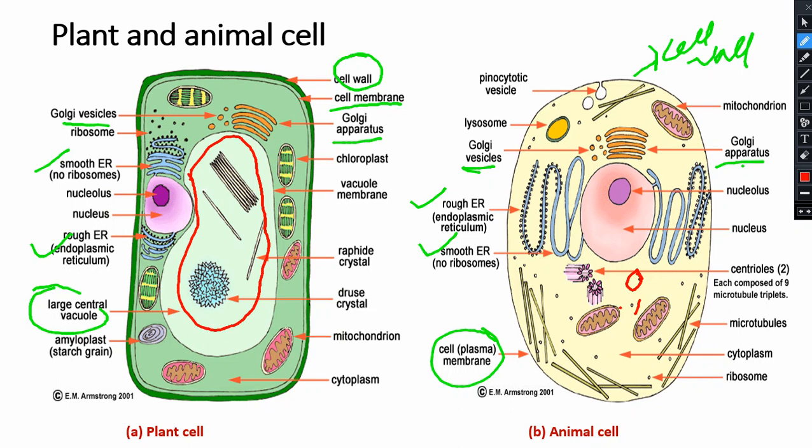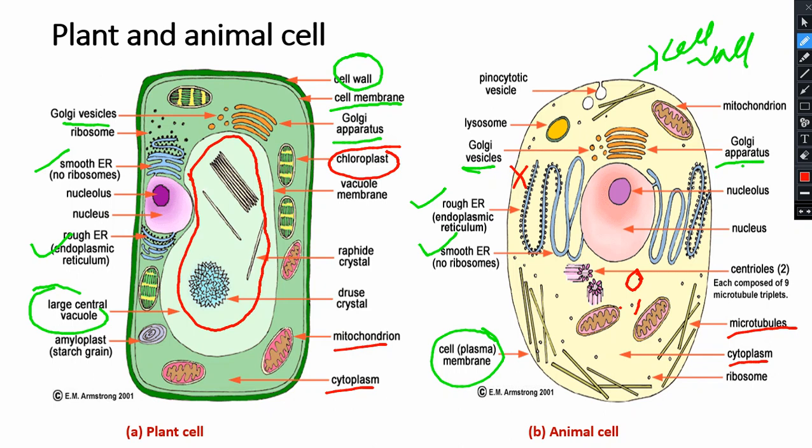Now the next part is the cytoplasm. Let's find the cytoplasm. Here is the mitochondria. Chloroplast is present in plants, but not in animals, because animals don't do photosynthesis.